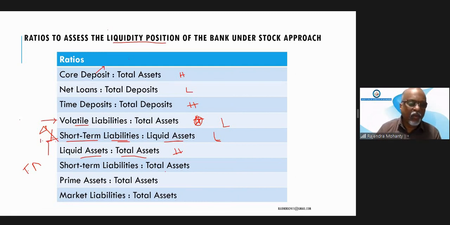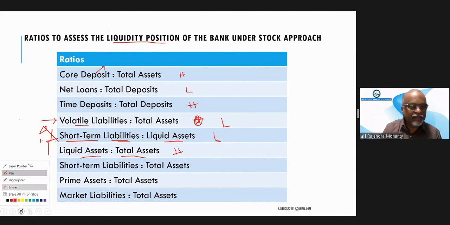Now tell me, what about the prime asset to total asset ratio? Higher. Why? Prime assets are also core assets, so core assets should be higher.